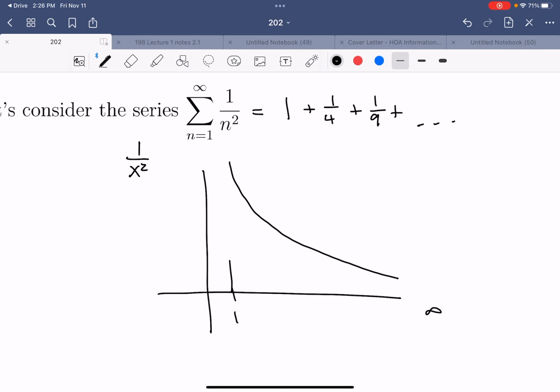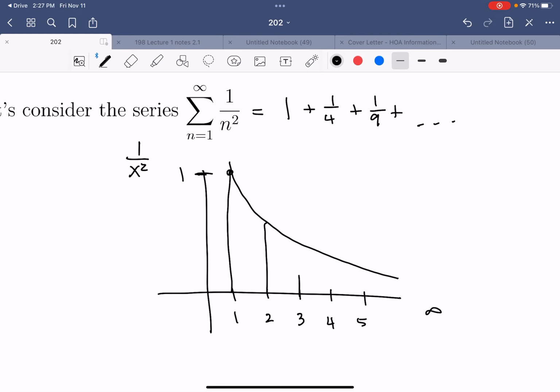So here's 1, and this point is at 1. I want you to think about estimating the area under this curve. Let's take our interval to be 1 so that we're working with the whole number values.